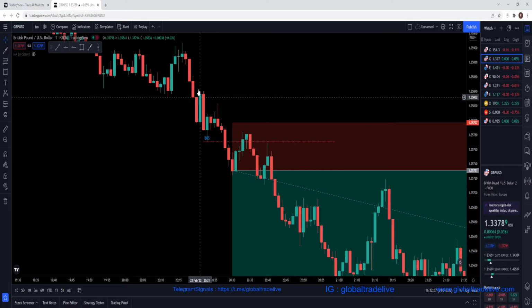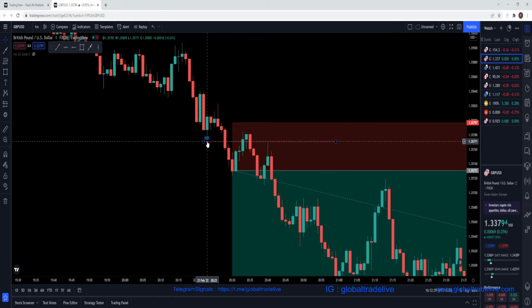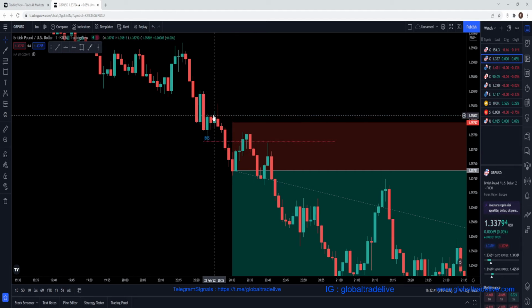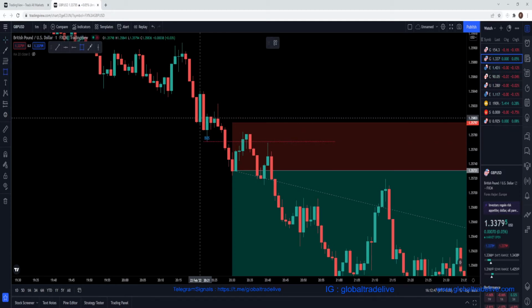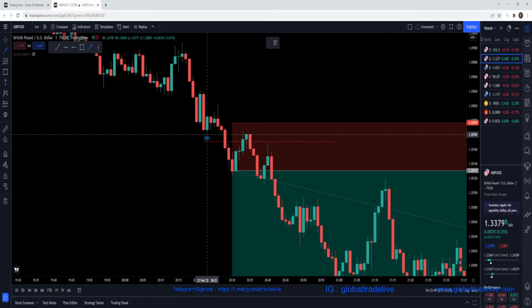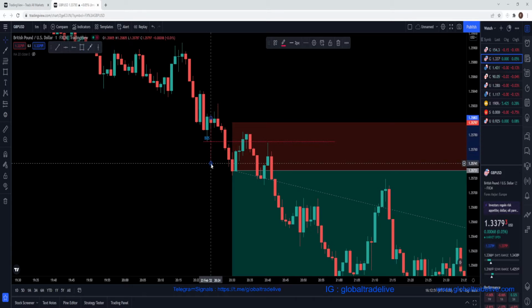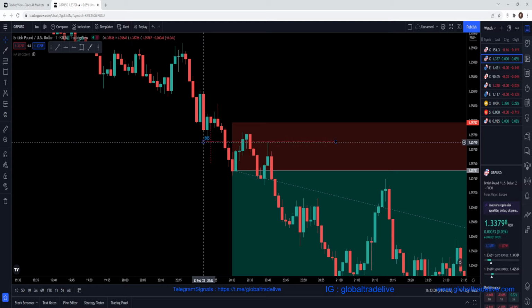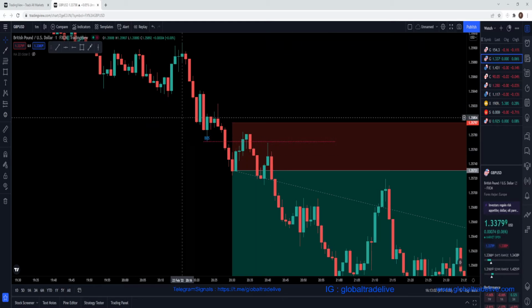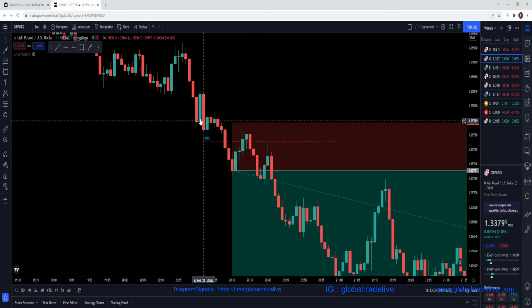Whenever the market makes a low and goes up and consolidates over here, that means this low is valid. Look, there was a range happening over here. Consolidation happened, so that's why this low was valid. Otherwise, this low over here was not valid.